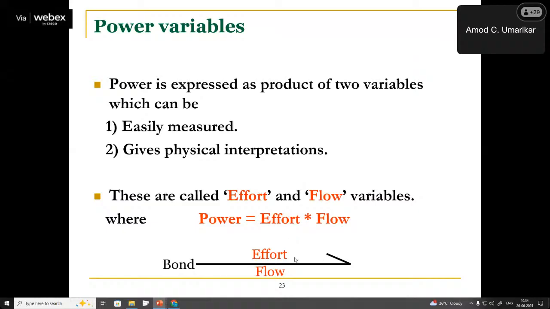And this bond is represented like this, which has two variables associated with it, effort and flow. Is it clear? Yes, sir. But we have to choose effort and flow variables in such a way that they can be easily measured and give physical interpretations. That's the main concern we have to have.